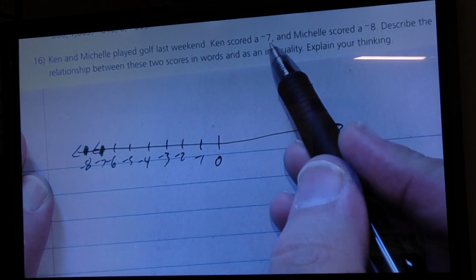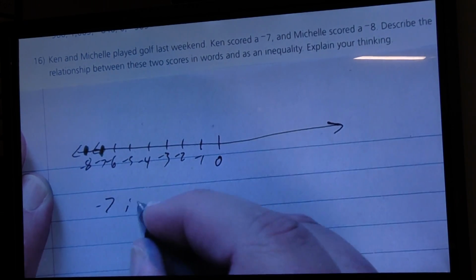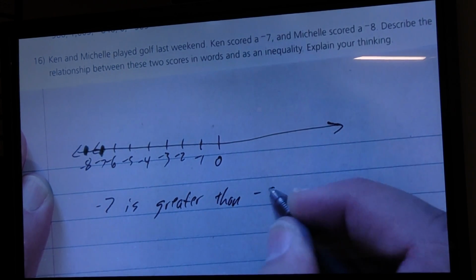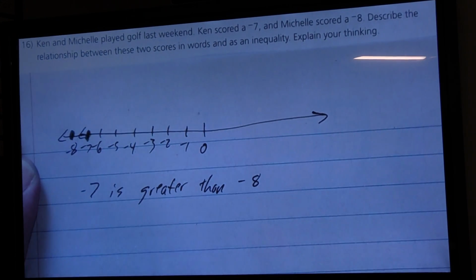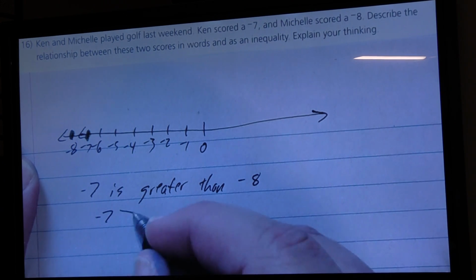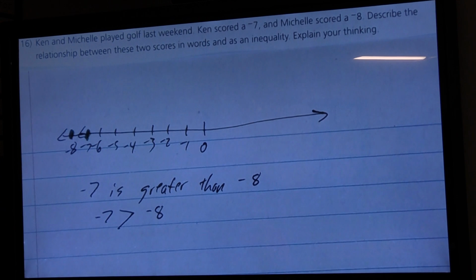Since they got -7 listed first and -8 second, I'm going to put them in that order. In words, I'm going to say -7 is greater than -8. Now when I put it into an inequality, I'll say -7 > -8, like that. That's what makes it look like an inequality.